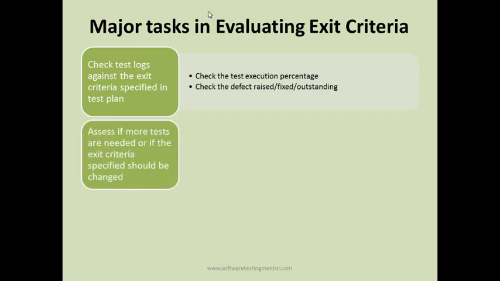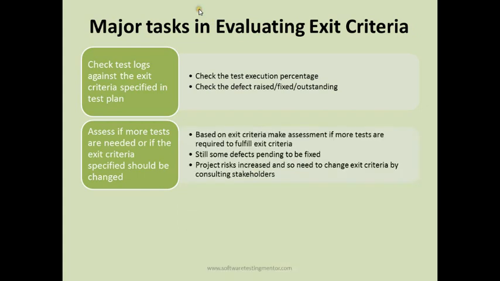Then other task is to assess if more tests are needed, or if the exit criteria specified should be changed. In case the exit criteria is not being met, then you need to assess if more tests need to be executed, or more tests need to be added, or you need to change the exit criteria.